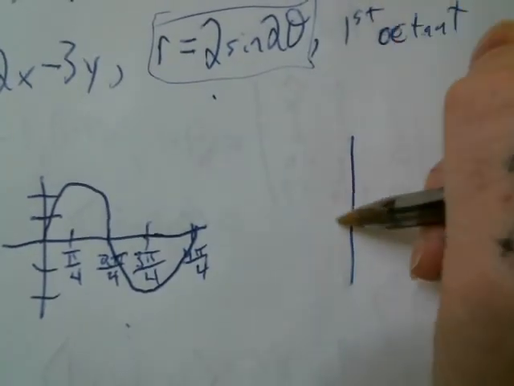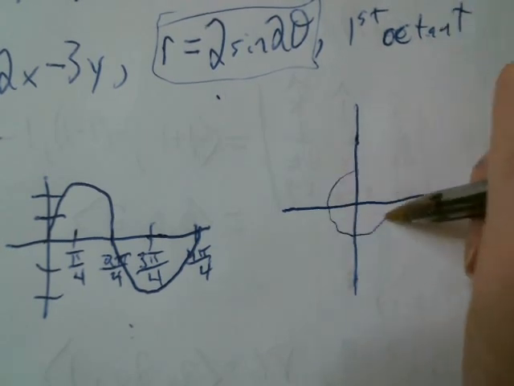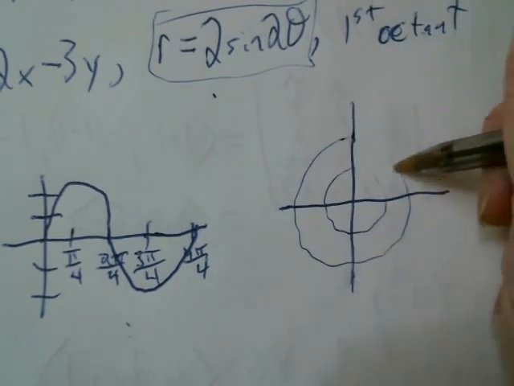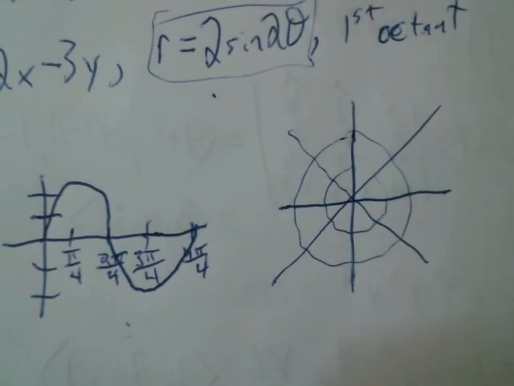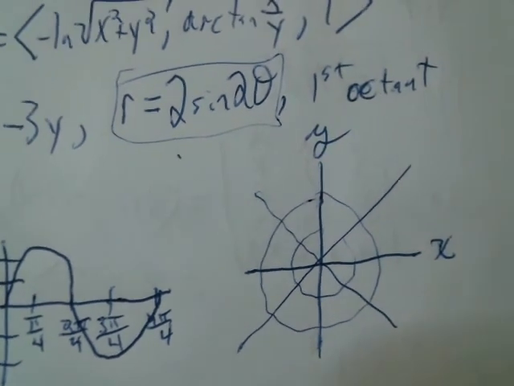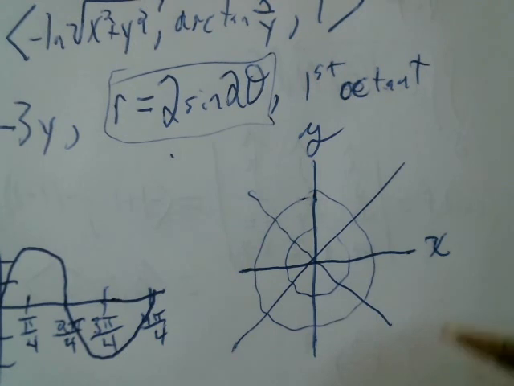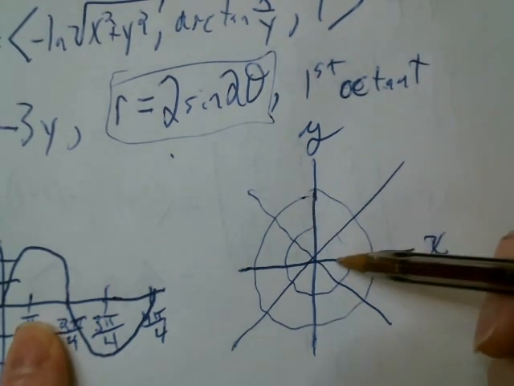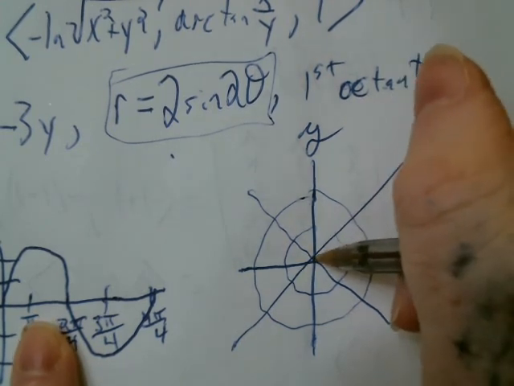So in the XY plane, we'll have some helper circles, and then some angles at pi over 4s. I just want the first quadrant because I'm just working in the first octant. Starting at 0 and then at pi over 4, it's going to increase to 2.